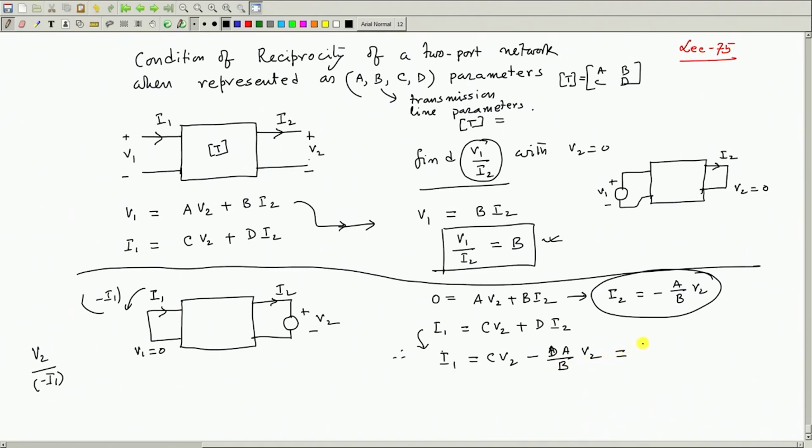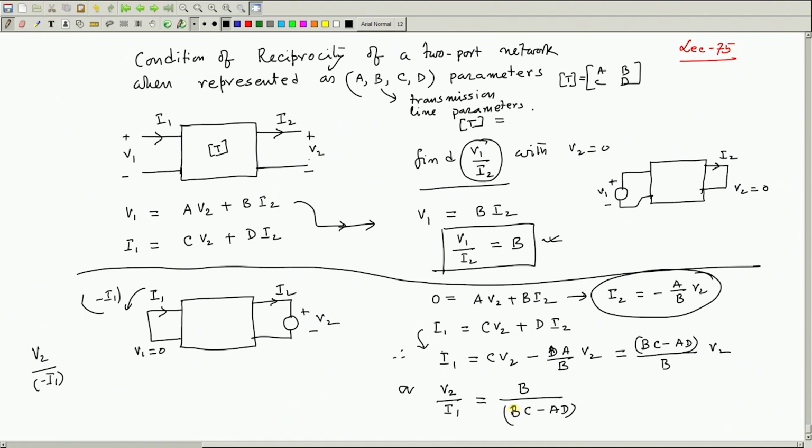This will be equal to (B C minus A D) divided by B into V2, or I will say V2 by I1 is equal to B by (B C minus A D). That is what I will get.